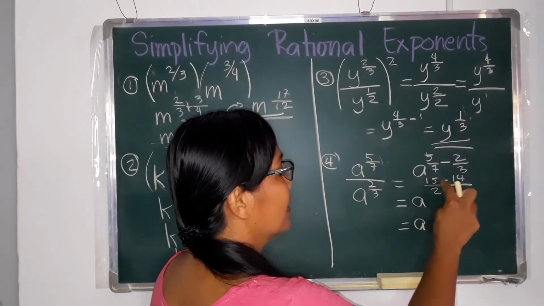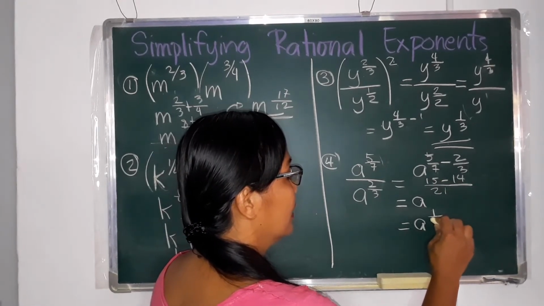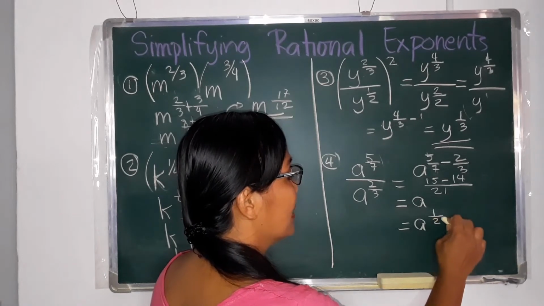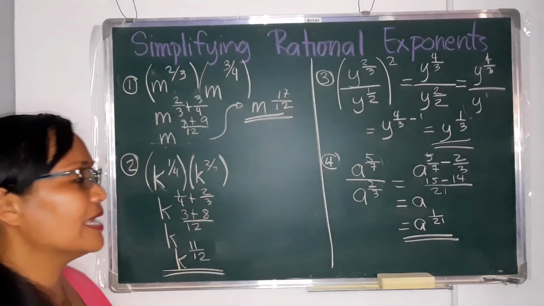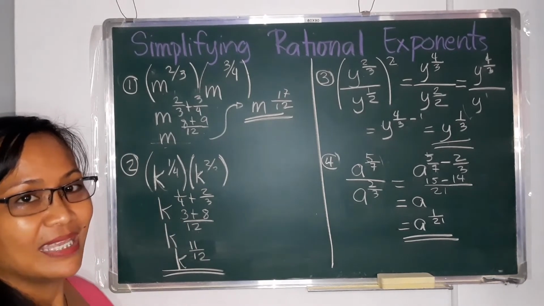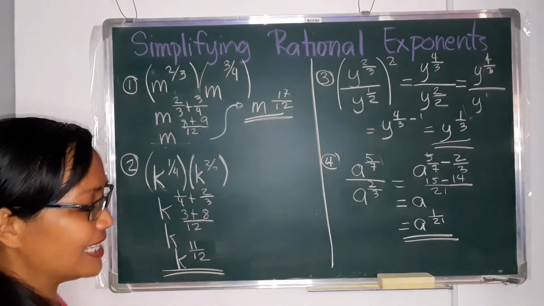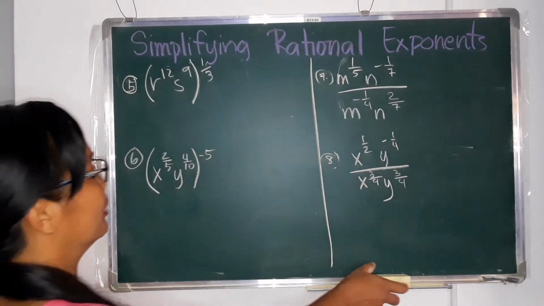A. 15 minus 14 is equal to 1 over, copy the denominator, 21. Therefore, our answer is equal to A raised to 1/21. Got it? Okay.